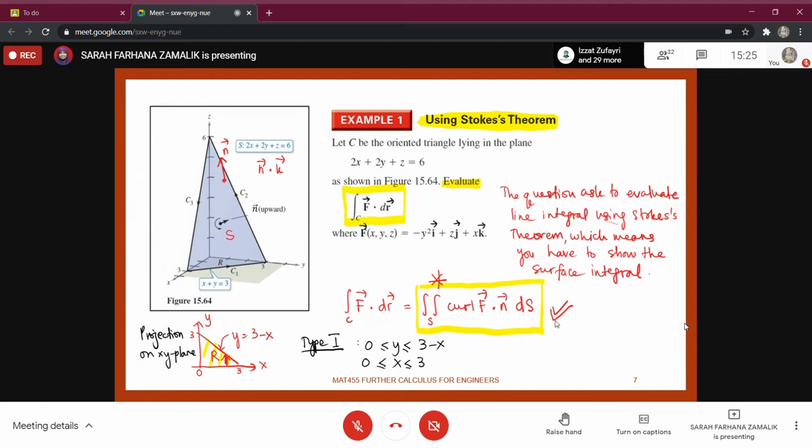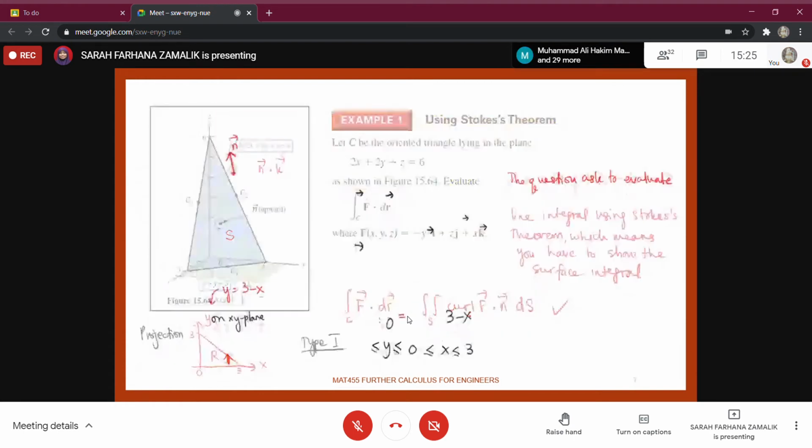Can you understand? Yes, madam. Okay, so let's just go through this example first so that you know what you actually need to find. So example 1, evaluate line integral. So we must show the double integral.